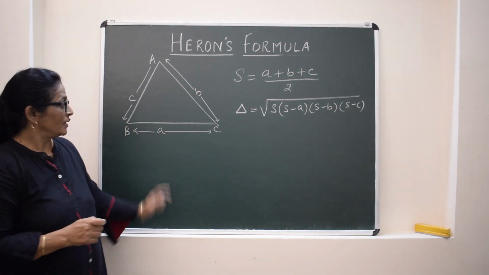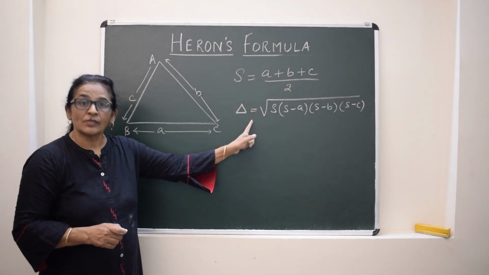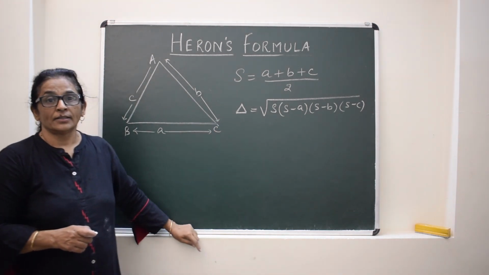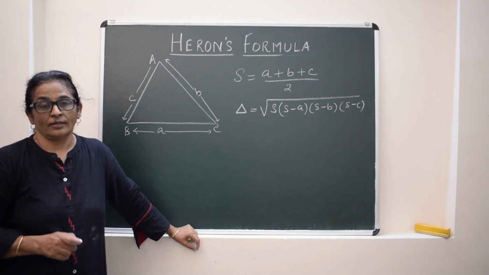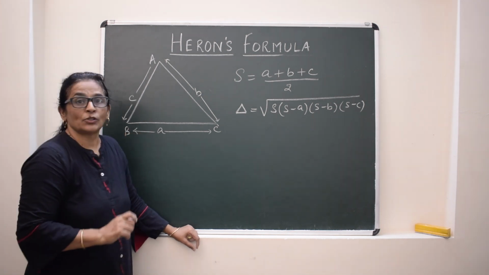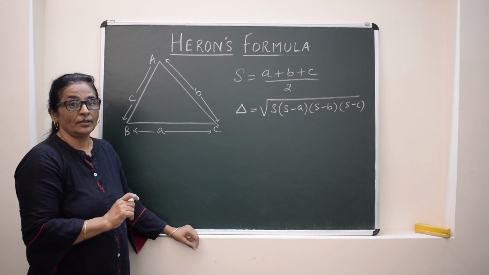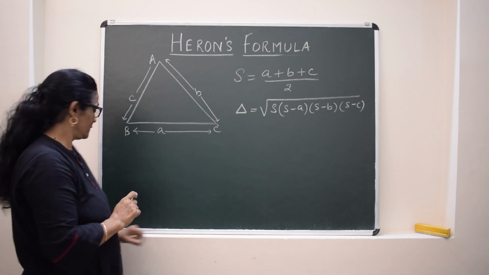It means that when we know all three sides of a triangle, by applying this formula we can calculate the area of a triangle. We will discuss one example. In that, we will see how to substitute the values of s, a, b and c to find the area of the triangle.